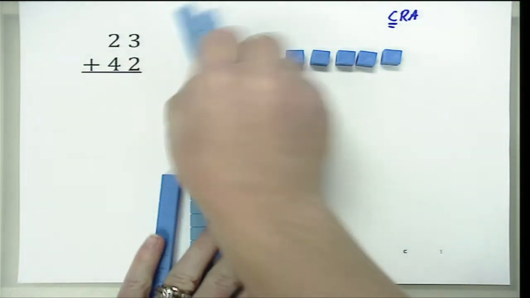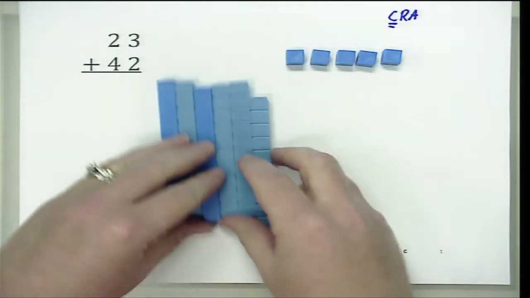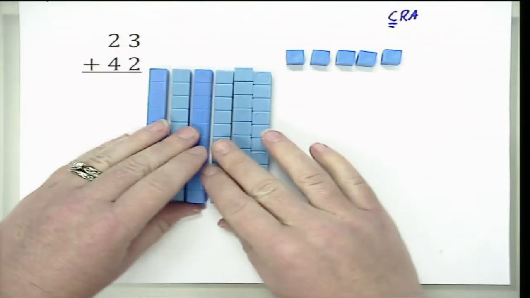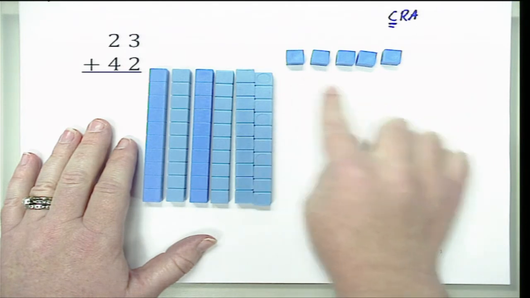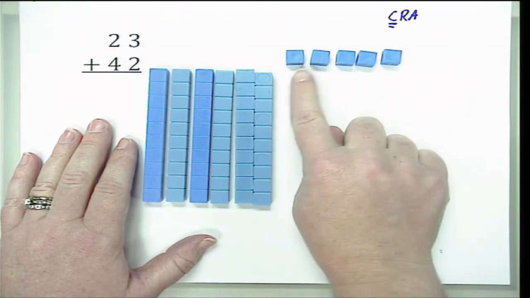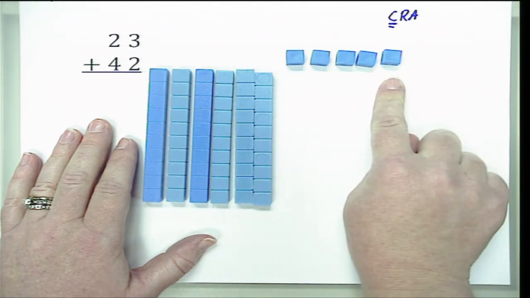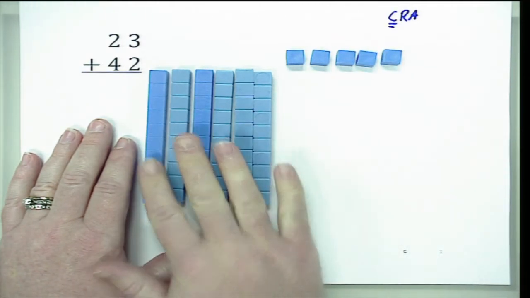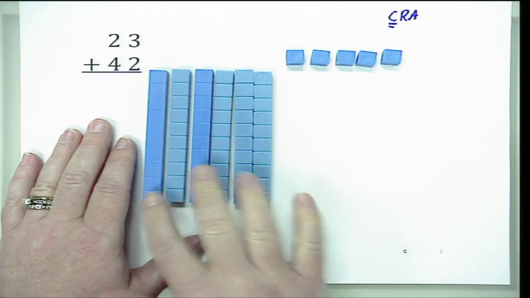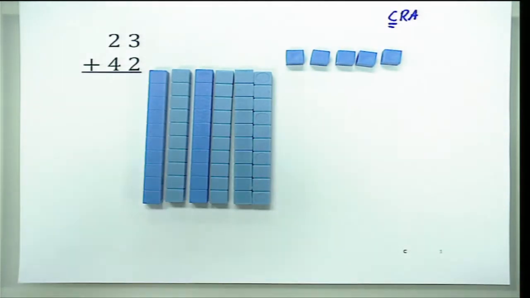And I'm also going to combine all of my 10s. Now the next question I'm going to ask is, can I make a 10? And looking at my ones here, it looks like I have 5. So the answer is no, I can't make a 10. Can I make 100? And the answer is no. Looks like I have 6, so I can't make 100. So I'm ready to add these numbers together.